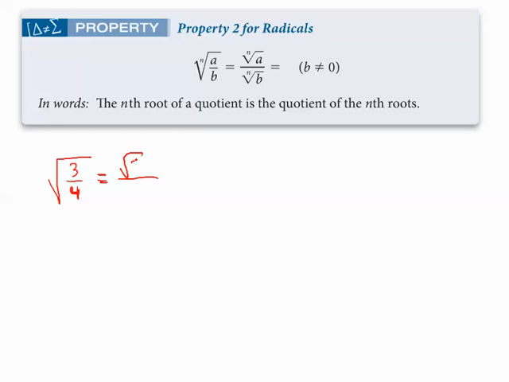Because of the quotient rule, I have the ability to break those up like this. Going the other way, if I have a square root of 50 over square root of 2, I can put those together. That's kind of cool because that actually will simplify, huh? That would be 50 divided by 2, then I can keep on going with the simplification of it. So that's why it's there, so it can simplify.